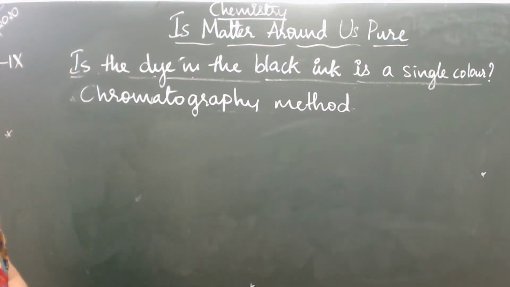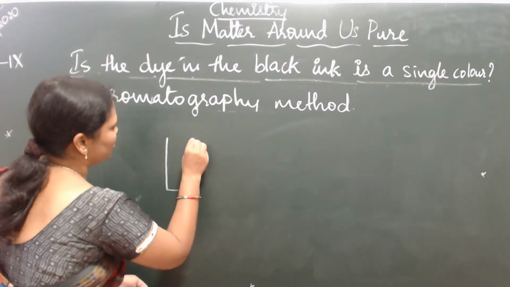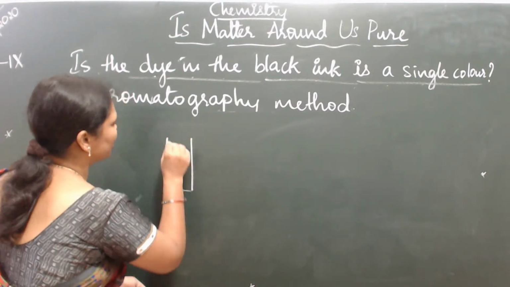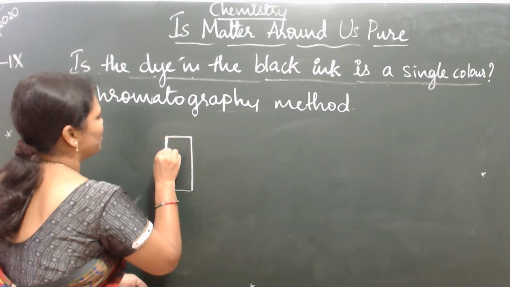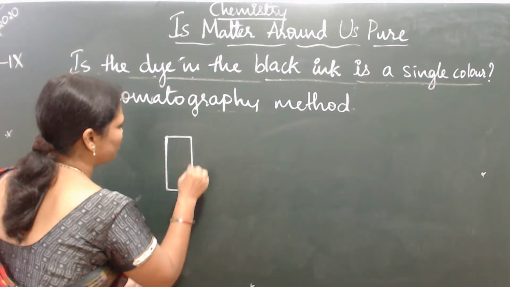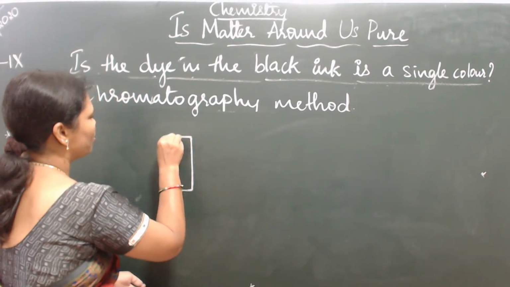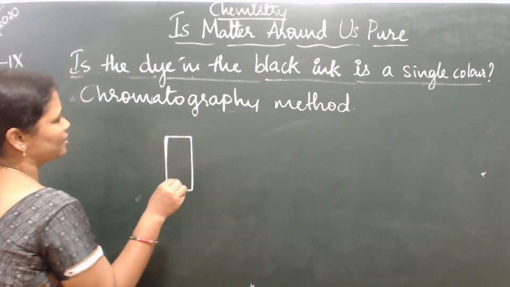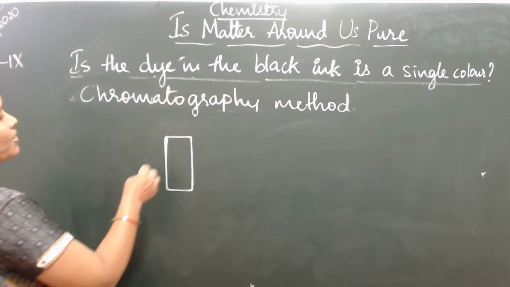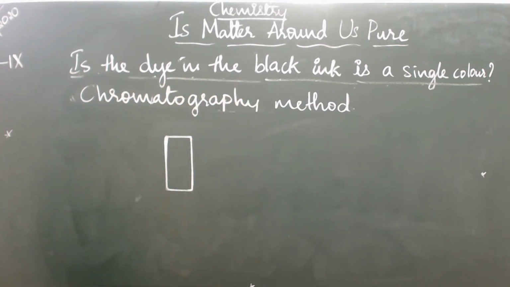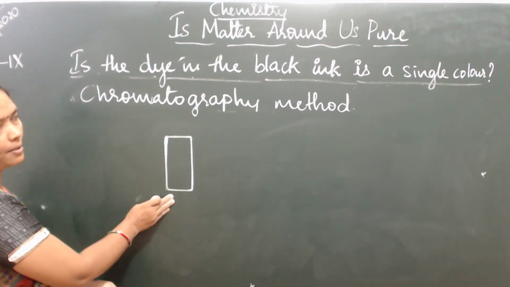We have to take a strip of filter paper, to learn how many colored components are present in the dye, that is, in the black ink. To carry out this activity, the thing required is a strip of filter paper.